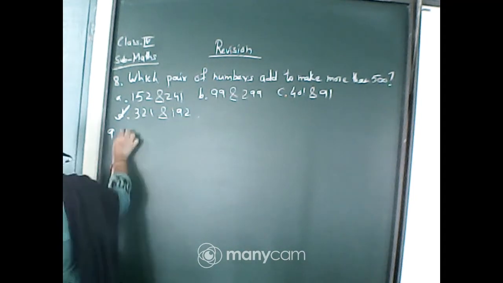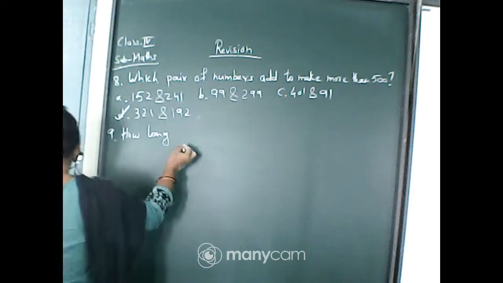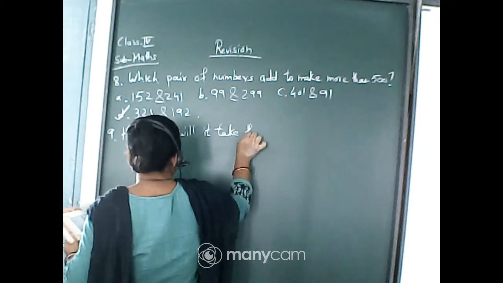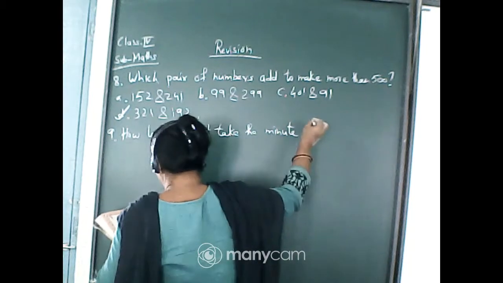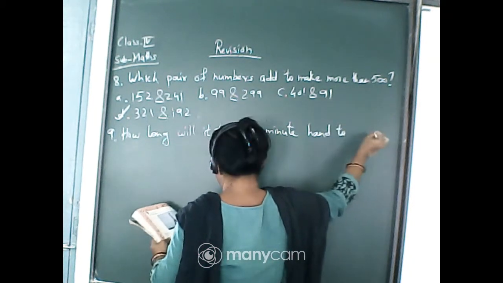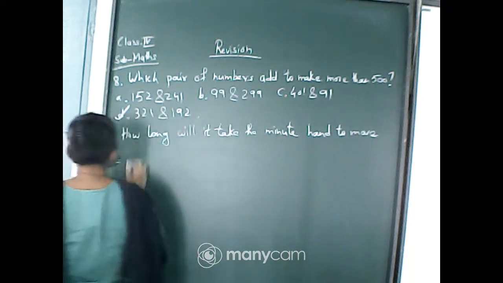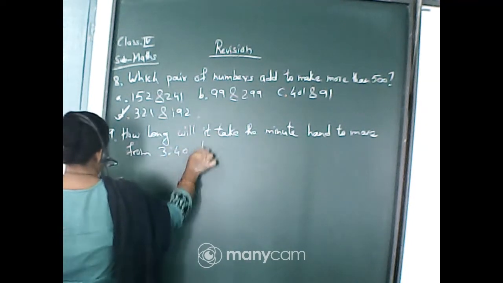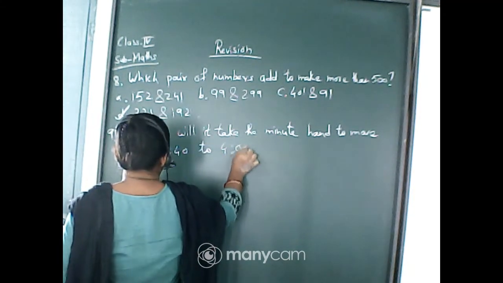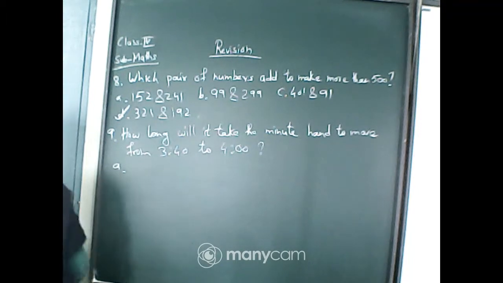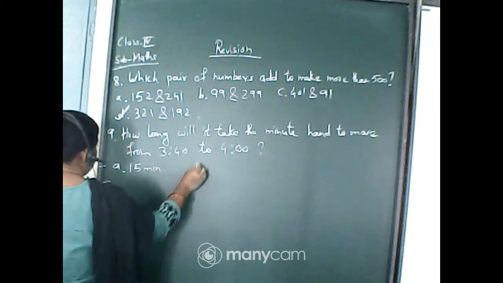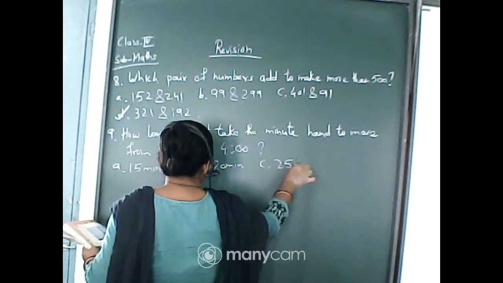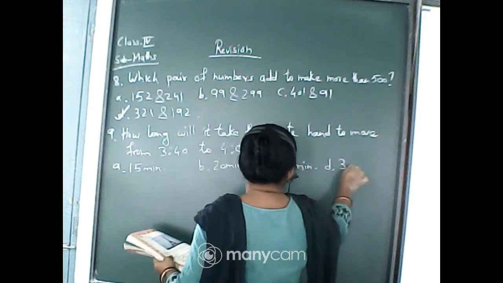Now a very easy question. How long will it take the minute hand to move from 3:40 to 4 o'clock? 15 minutes, 20 minutes, 25 minutes, or 30 minutes?